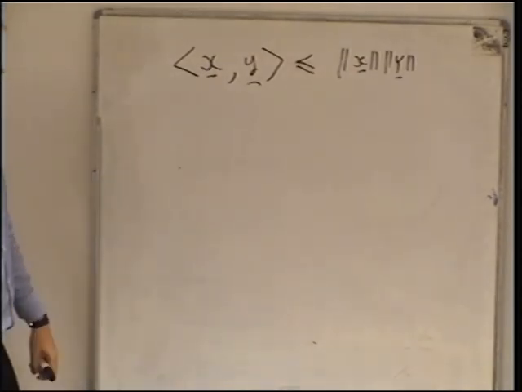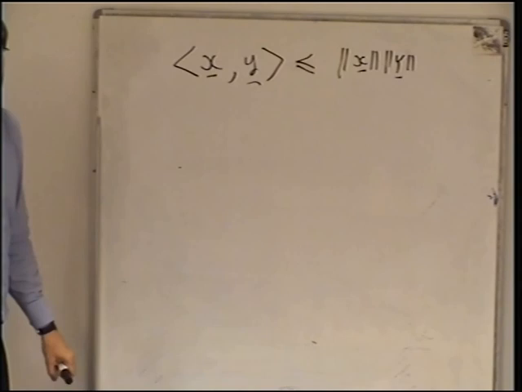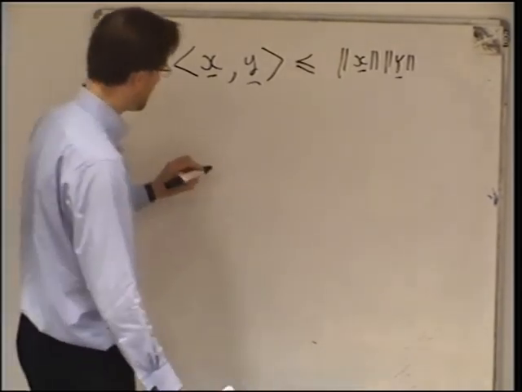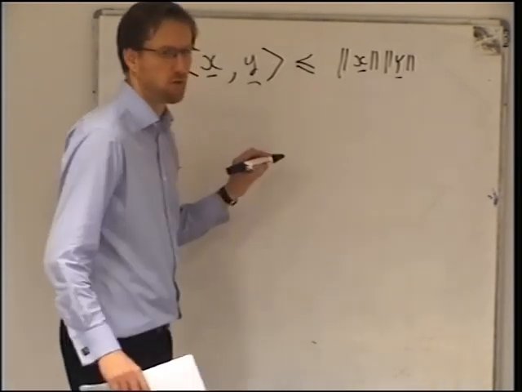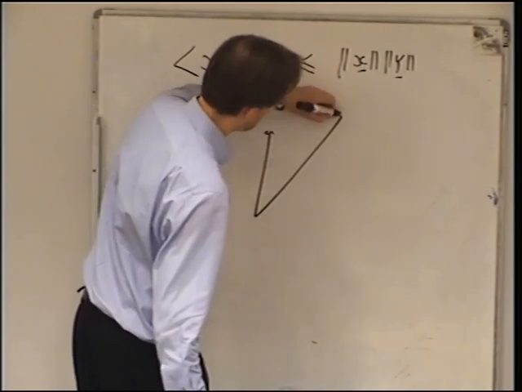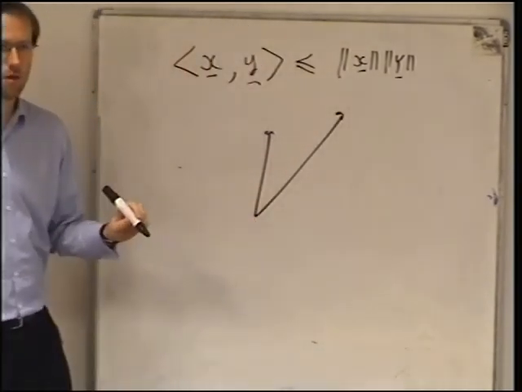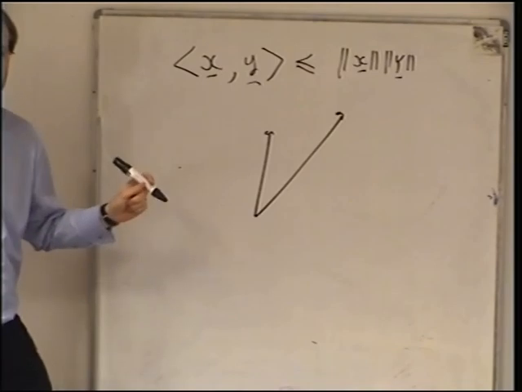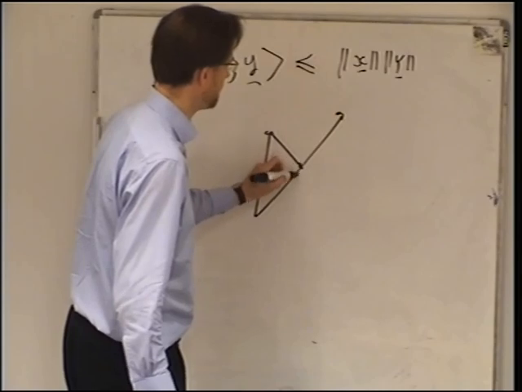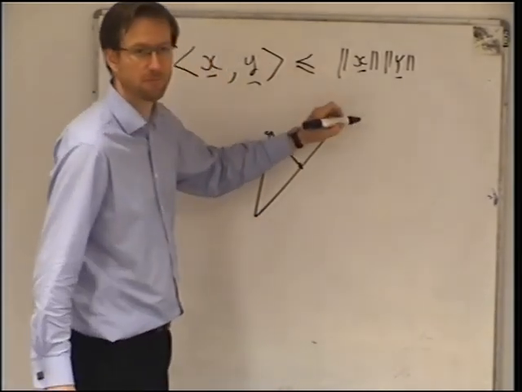And what the hell does that mean? Well, we go back to our old friend R2 and we say, okay, so what happens when we take the dot product in R2? If I've got a vector here and another vector, and I take the dot product, the magnitude of the dot product is going to be the projection of this guy onto here multiplied by his length.